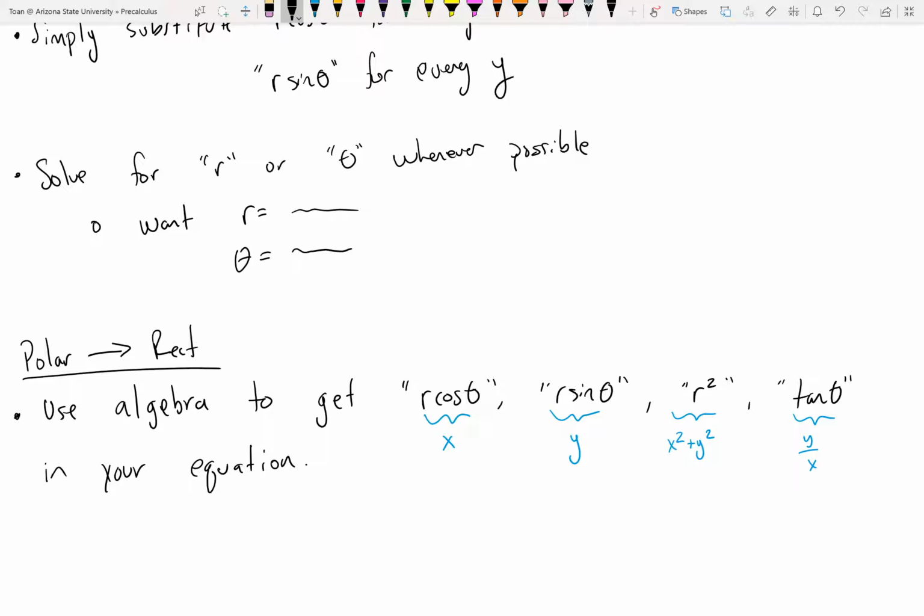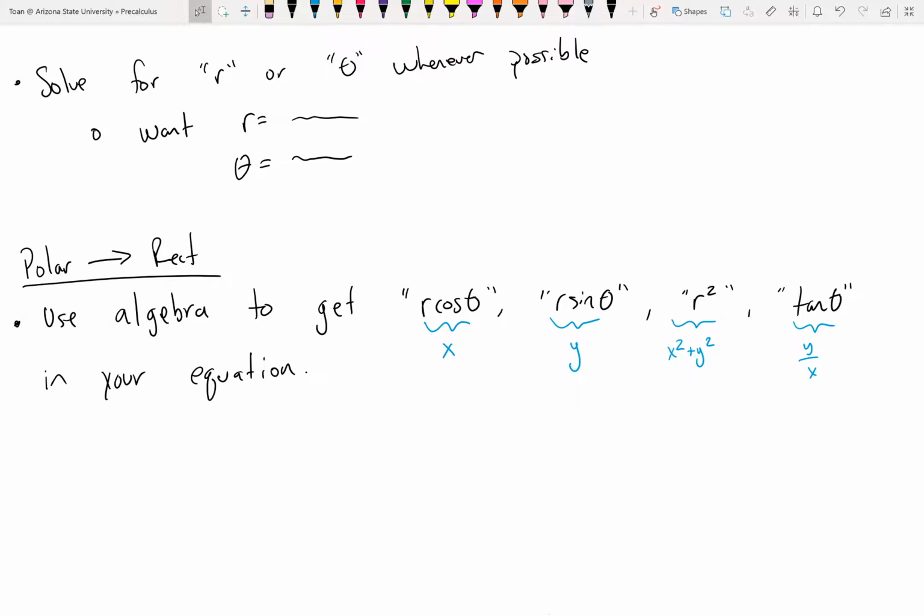Now you can manipulate the equation however you want. You can do anything you want as long as it's mathematically legal. And just like with polar form, if possible, solve for y. In other words, you want y equals stuff.